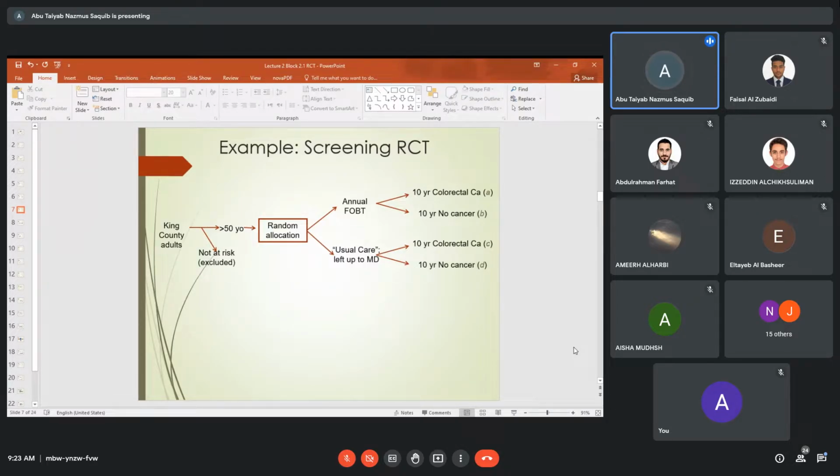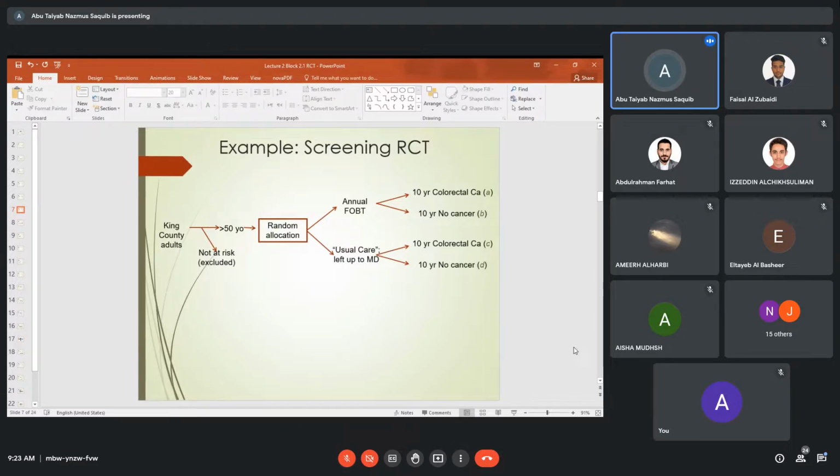Now, again, you are in a doctor's chamber. You are a physician, and you're seeing that there are a lot of colorectal cancer cases these days. So, who gets colorectal cancer? Usually, people who are 50 years and older, and people who eat a lot of red meat, they're at higher risk of developing colorectal cancer.